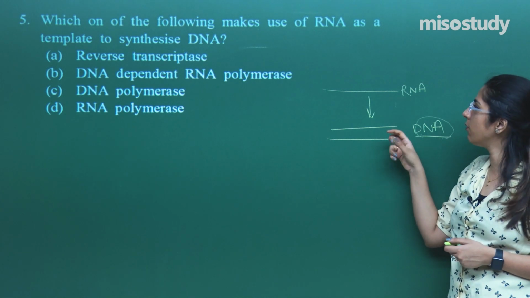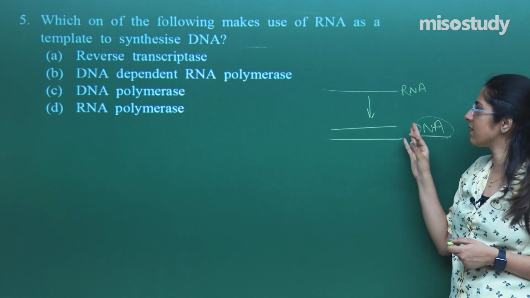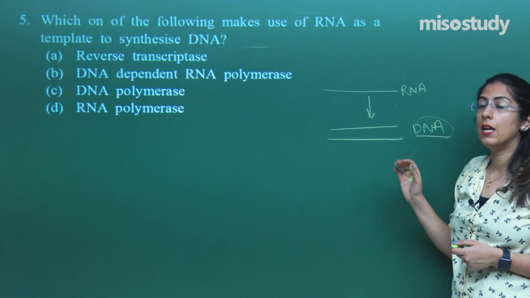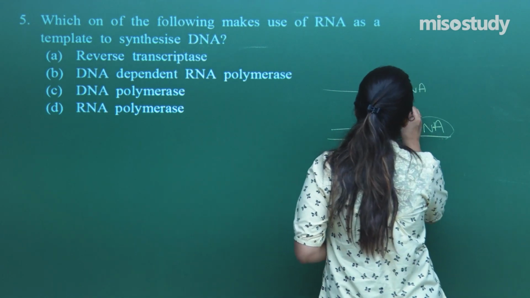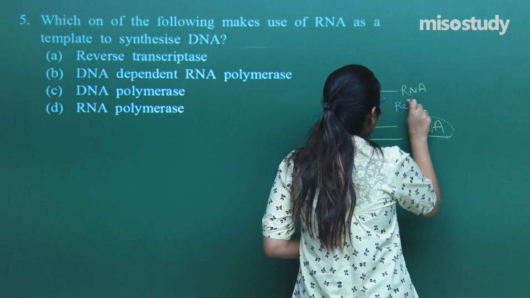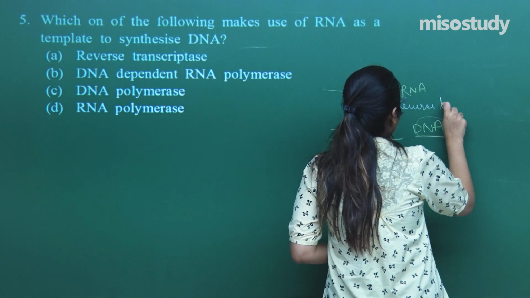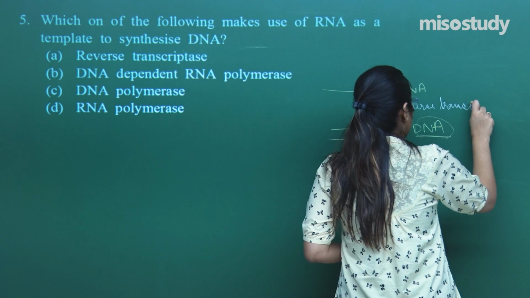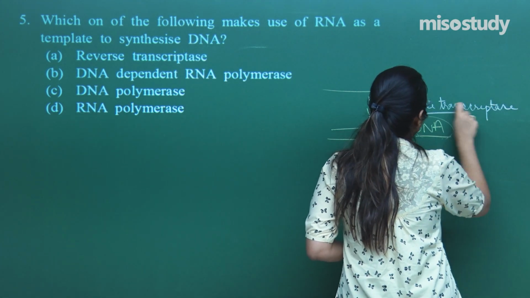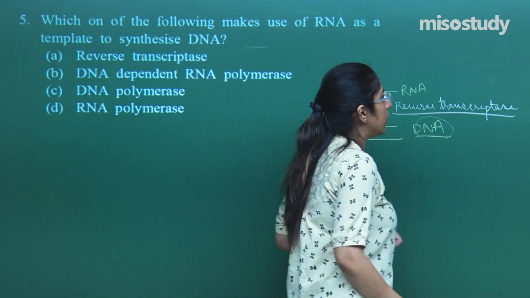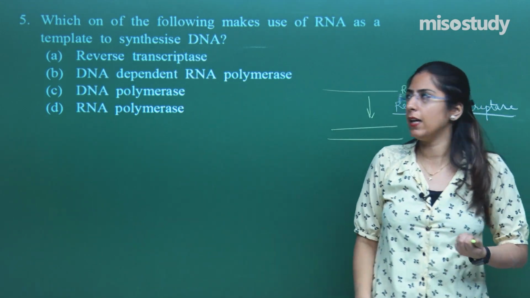For the reverse conversion, the conversion of ribonucleic acid into deoxyribonucleic acid, a reverse enzyme is used and the name of the enzyme is reverse transcriptase. Reverse transcriptase is needed so that the RNA can be converted into the DNA, right.